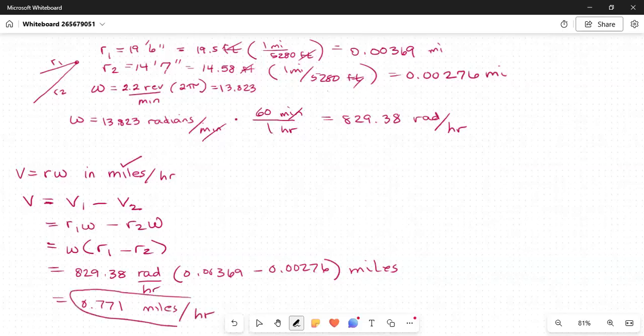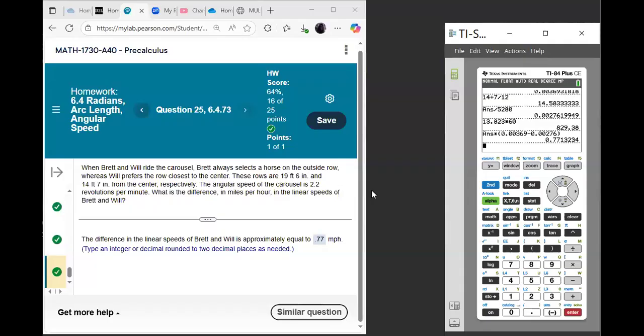That is our final answer: 0.77 miles per hour.